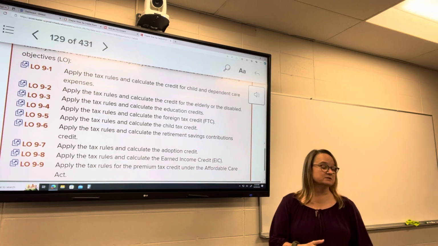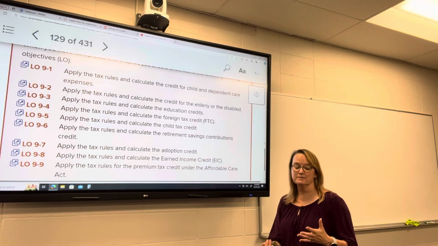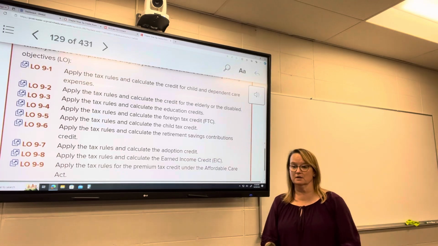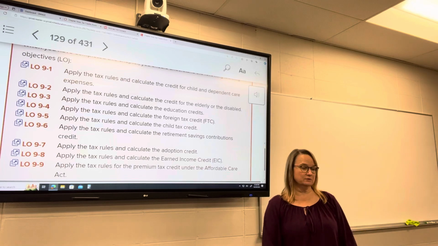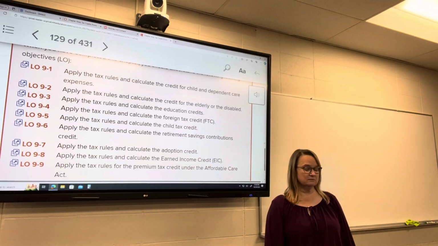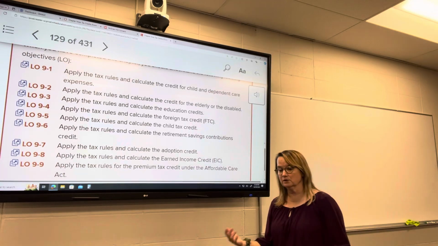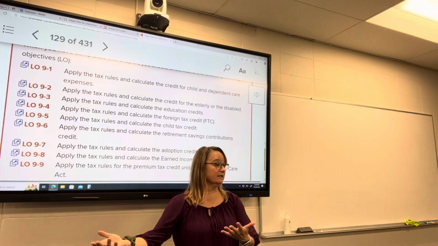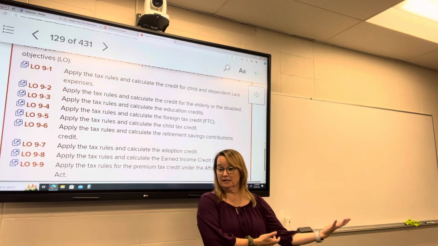Foreign tax credit. This is where you have paid foreign taxes on income that you also have to report in the U.S. So if you have, say, a bank account in England and you were paid the equivalent of $1,000 of interest and you had to pay tax in England on that income, well, you're also supposed to report that income in the United States.